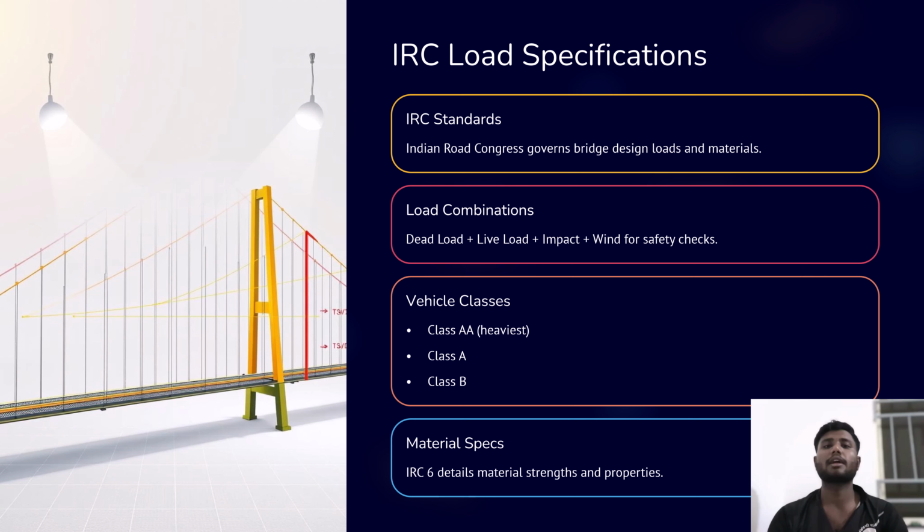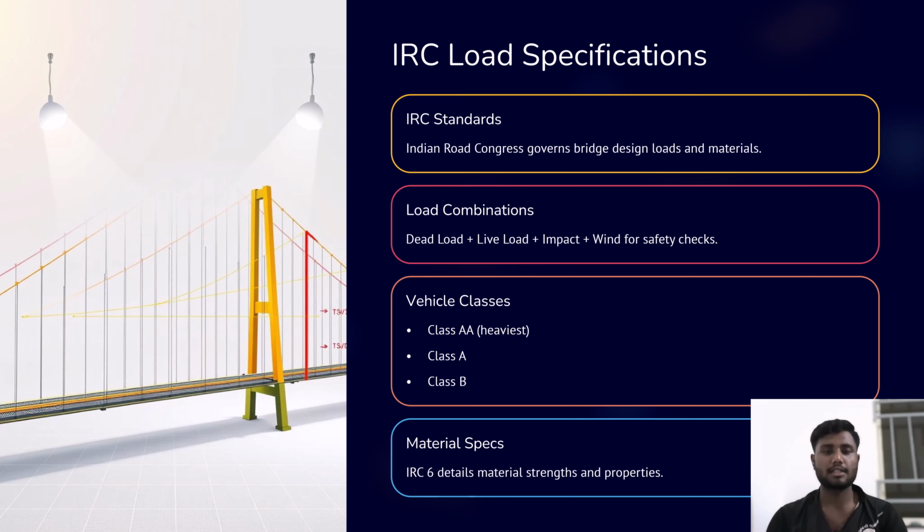And the next one is the vehicle classes. In class A, the heavier vehicles like trucks, trailers, tractors, and all the heavy vehicles transporting goods and carriers are considered. Next one is class A only, so in class A, the normal load vehicles like cars and buses are considered.